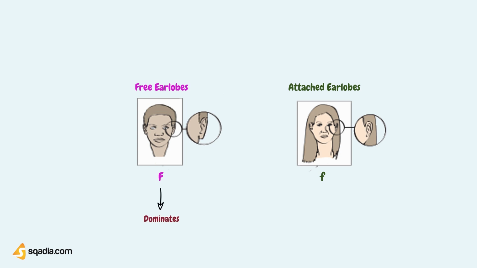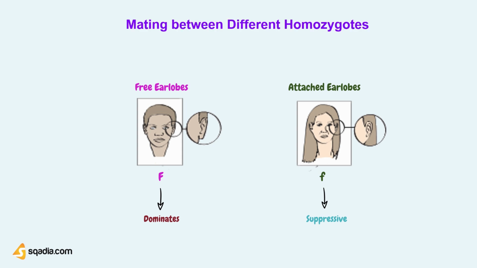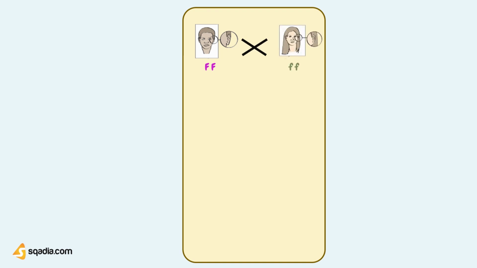Capital F is dominant and small f is recessive. Now let's understand the mating between different homozygotes. Consider a man carrying 2 copies of capital F with free earlobes, married to a woman with attached earlobes, and 2 copies of small f.